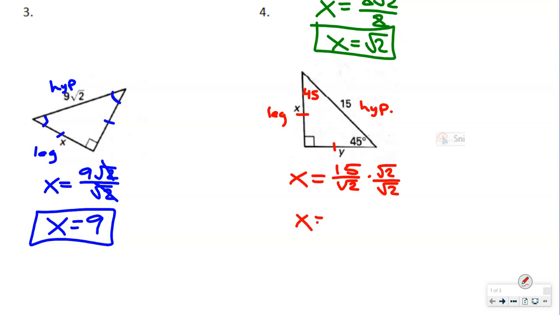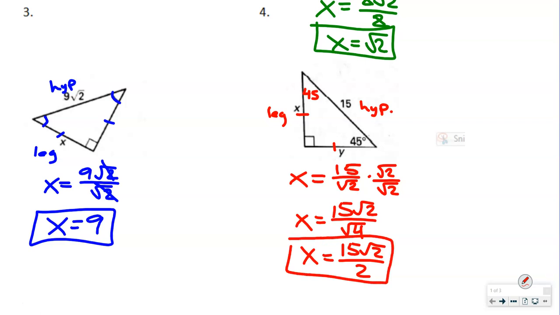That gives us 15 square root of 2 over the square root of 4. Square root of 4 is 2. So we get 15 square root of 2 over 2. 15 over 2 does not simplify. So X and Y are both 15 square root of 2 over 2.